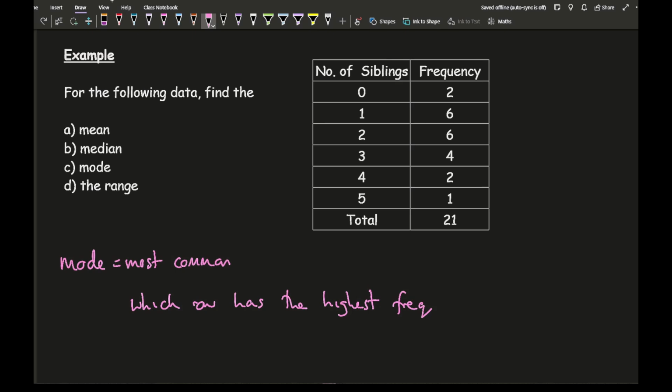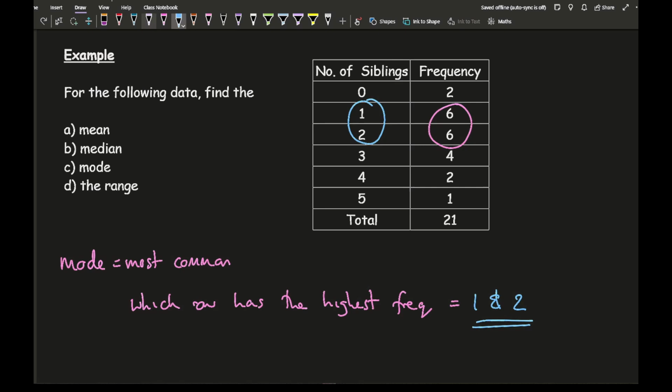And as you can see here, the highest frequencies are the 2 6s. So the answer is not going to be 6, which is where a lot of students go wrong. It's going to be these two numbers here. So the mode is going to be 1 and 2.